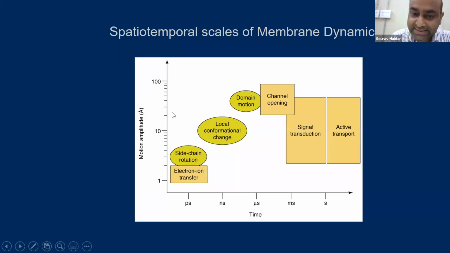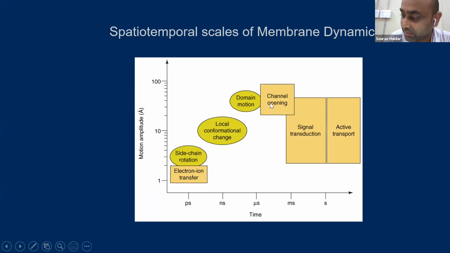So, in a sense, the local motions are actually combined to bring about larger dynamic changes over a wide range of spatiotemporal scale, and that is important in many physiological processes in membrane, for example, signal transduction. Signal transduction is basically a cascade of events that happens over a wide range of spatiotemporal scale, starting from electron ion transfer, side chain rotation, to local conformational change, then domain motion.